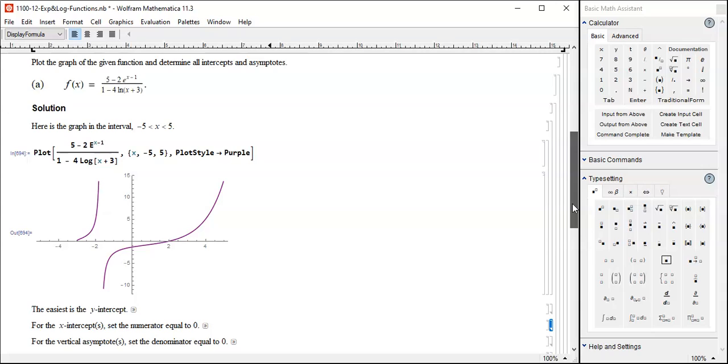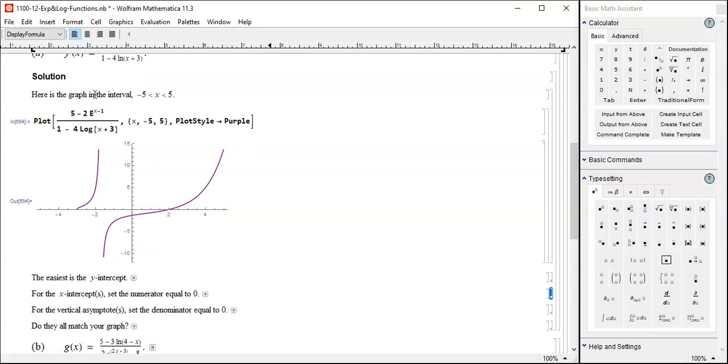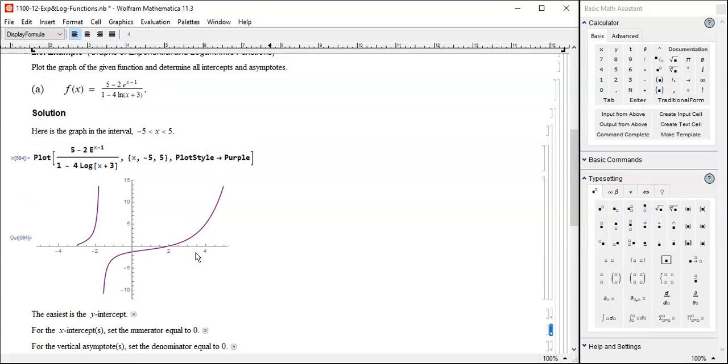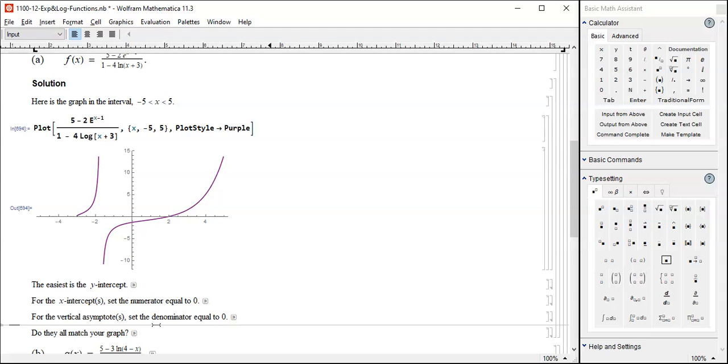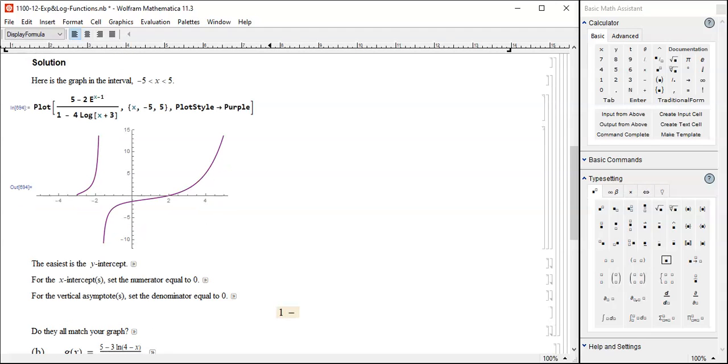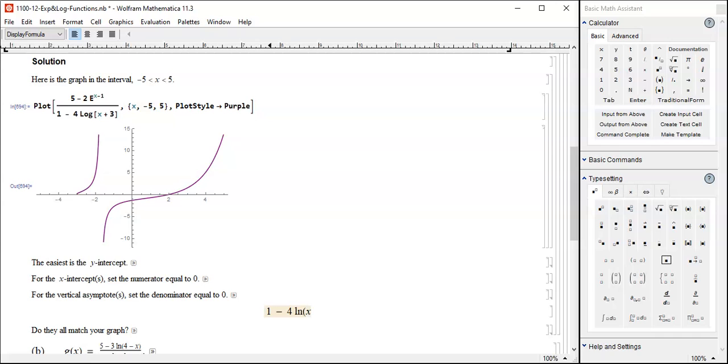Now, find the vertical asymptote. Looks like we can set the denominator equal to 0. When the denominator is 0, that's when we have a vertical asymptote. The denominator cannot be equal to 0, so y-coordinates will be pushed toward positive or negative infinity, or both. So set the denominator equal to 0, which means 1 minus 4 log of x plus 3 equals 0.